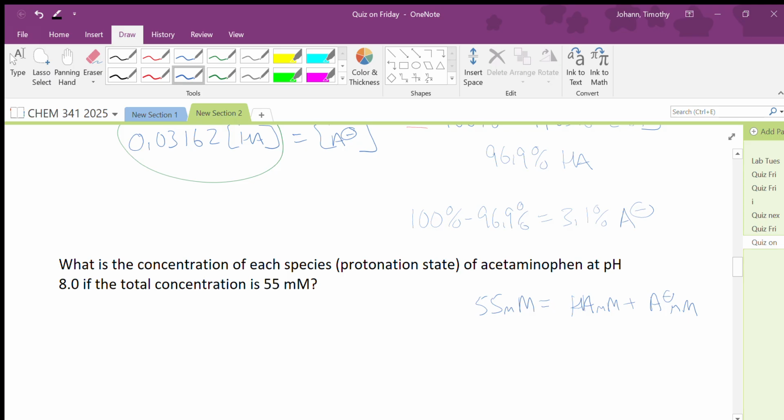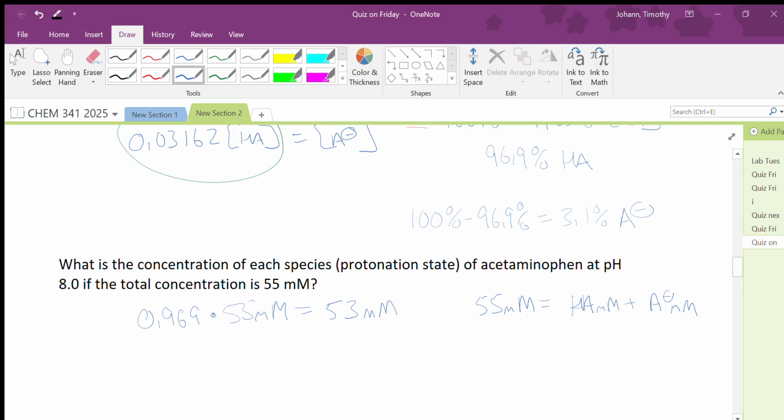Well, I know my HA is 96.9% of it, so I'm going to turn that into a fraction, 0.969. I'm going to take that times 55 millimolar. To two significant figures, which would be correct here, that's going to be 53 millimolar.